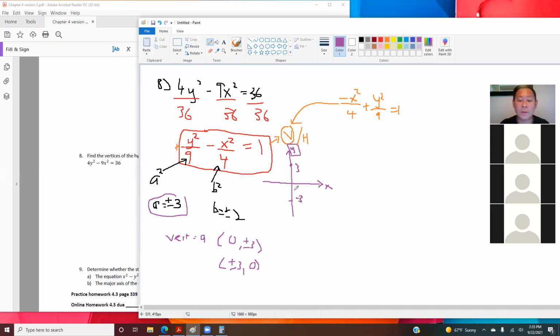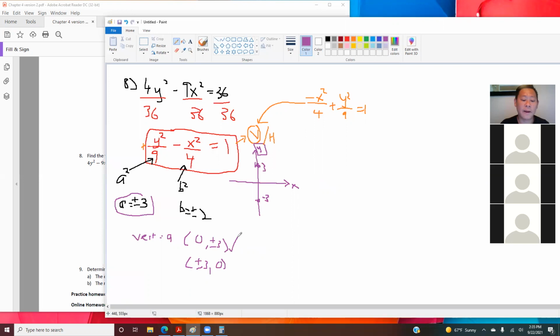So can someone tell me the coordinates of this one and this one? Is it 0 plus minus 3 or plus minus 3, 0? 0 plus minus 3. Yep, this is the correct one. This is wrong. I know you know how to find A, but make sure you know where you put it. Is it on the x value or the y value? So these are the coordinates of the vertex.